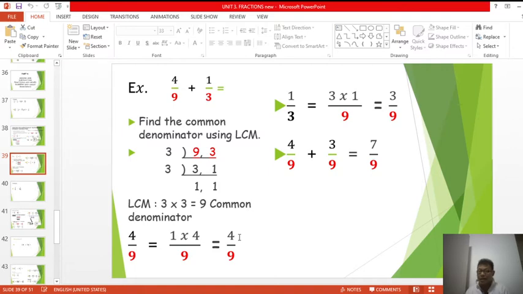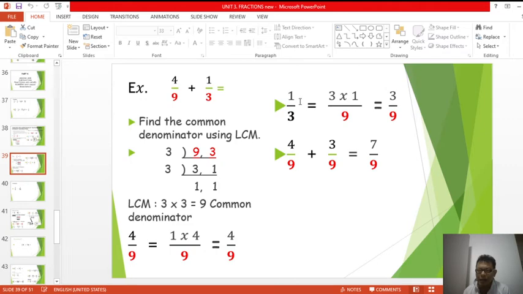So the common denominator for these two is 9, and you still have the same answer. So this is your equivalent fraction for this situation: 4 over 9.